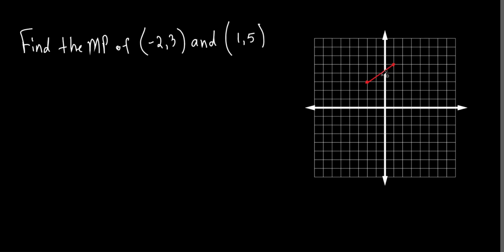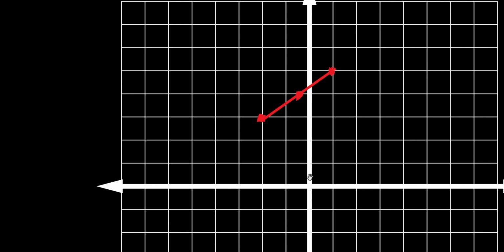Where do you think the midpoint is? Probably about right there. I know it's a little small. Let's zoom up a little bit just so you can see it. All right, you see that? That's -2, 3. That's 1, 5. The midpoint should be about right there. Where do you think that is? What's the actual ordered pair if I graphed it? You go over what?